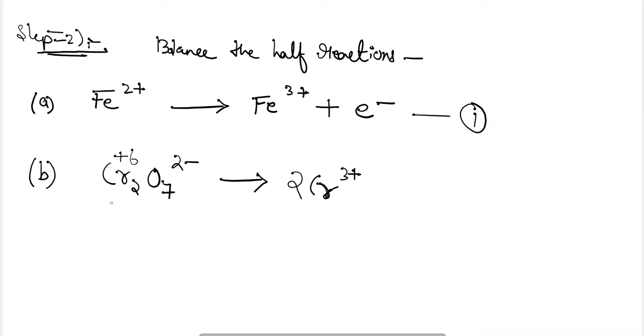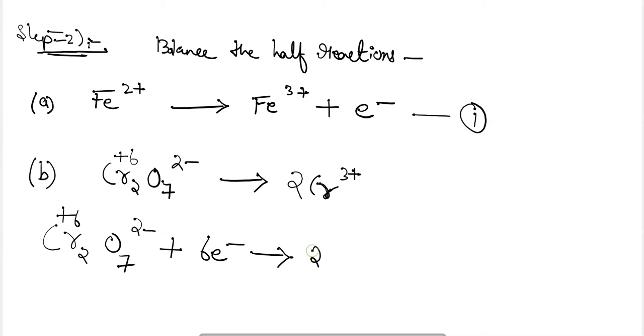So 6 more electrons will be required on the reactant side in order to balance the charges on both sides. So by adding 6 electrons on the reactant side, we balance the charges of the right hand side with the left hand side. Now here we can see that oxygen is 7 on the reactant side, but the product is having 0 oxygen.